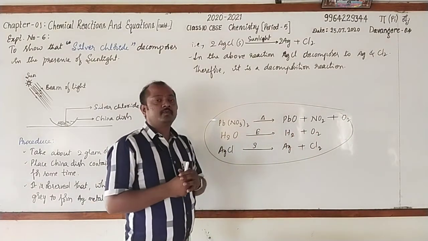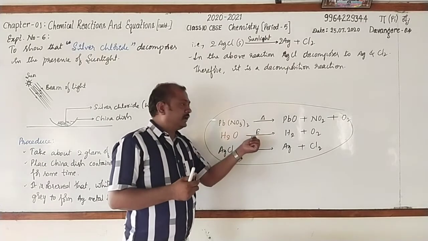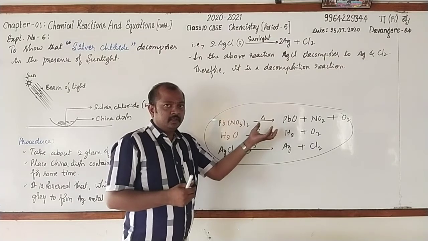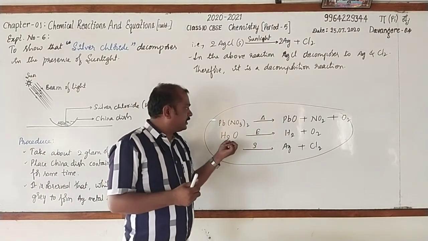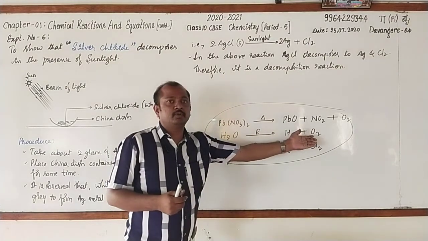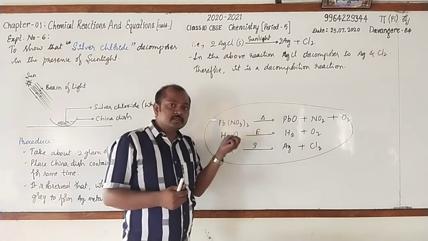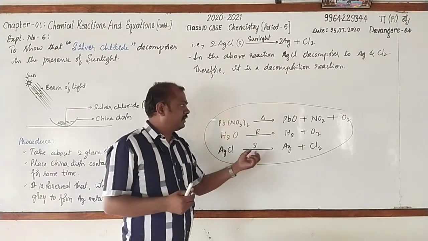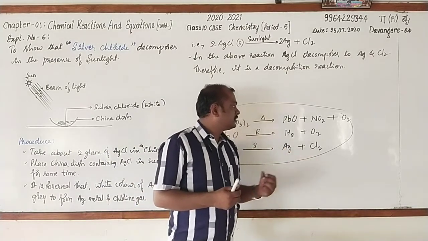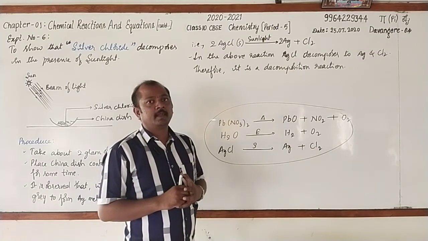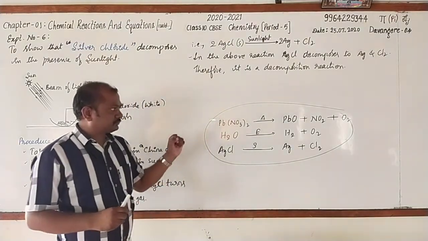Whereas for H2O, energy is in the form of electricity, that is electrical energy. It uses the electrical energy and gets split up into hydrogen and oxygen. Silver chloride uses the energy present in the sun and splits up into silver and chlorine. Did you understand?